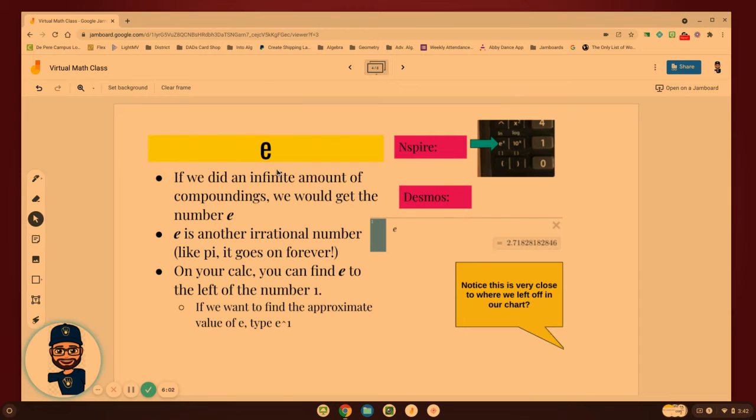You do have that on the Inspire, e to the power of x, so you can hit e and then whatever power. Or we can use this on Desmos, and we'll figure out how to use that on Desmos in a second. But if we want to find the approximate value of E, we would type e to the power of 1, which would give us that value. E is really a number. It's just like pi.